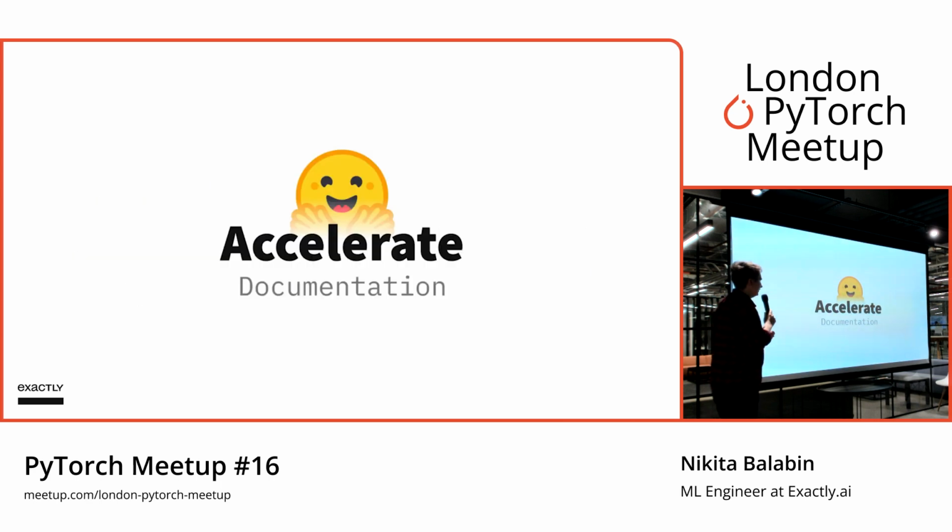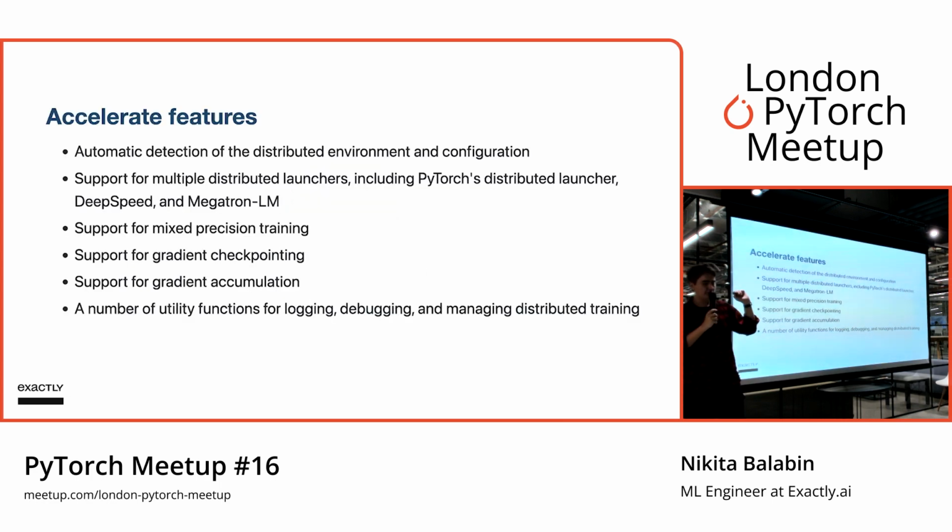Next slide. Again, this is about training, not about deploying. The great thing is Accelerate by Hugging Face. Next slide. It combines all the cool features for training: mixed precision, gradient checkpointing, gradient accumulation, and it automatically detects what environment you have and how training should be distributed over it.